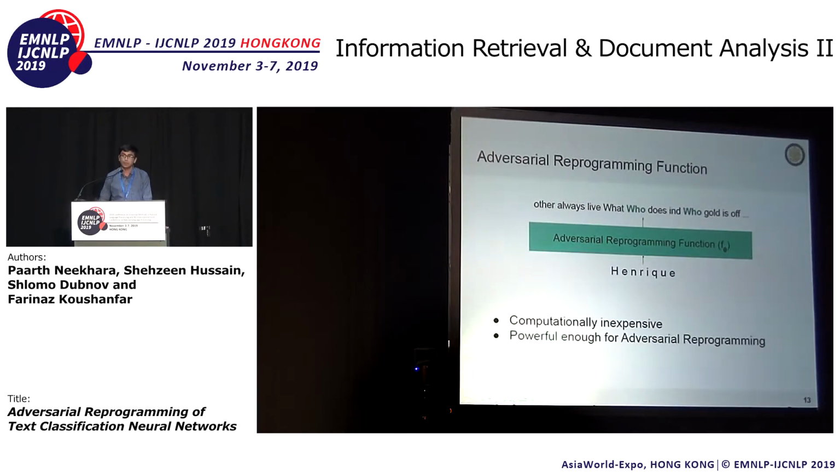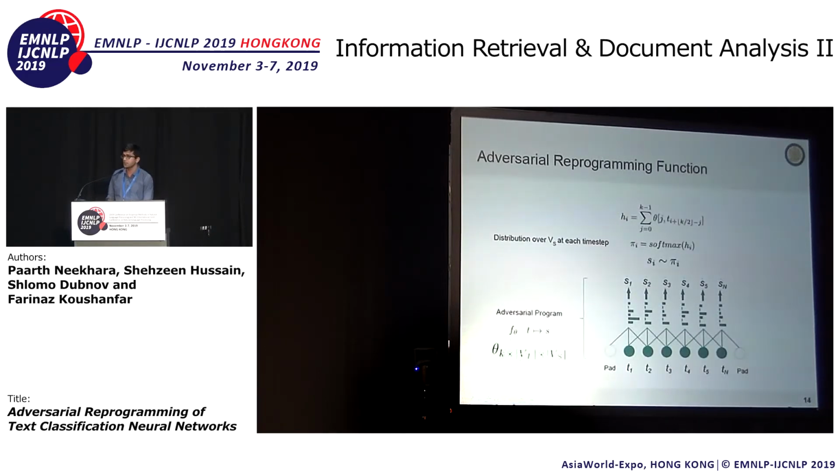And secondly, it should be powerful enough to do adversarial reprogramming. For example, a very simple choice would be a simple vocabulary remapper, where we say that an H can be mapped to other, E can be mapped to always, N can be mapped to live. We show in our experiments that that might be too simple to do adversarial reprogramming.